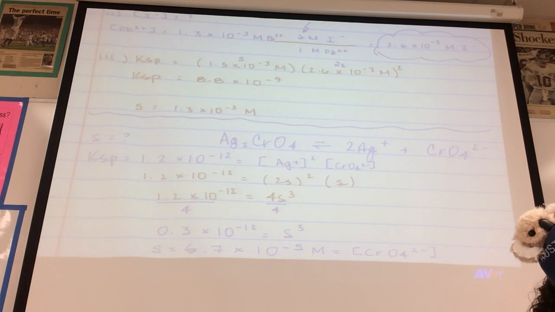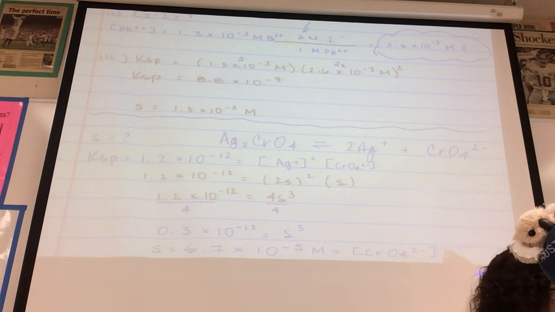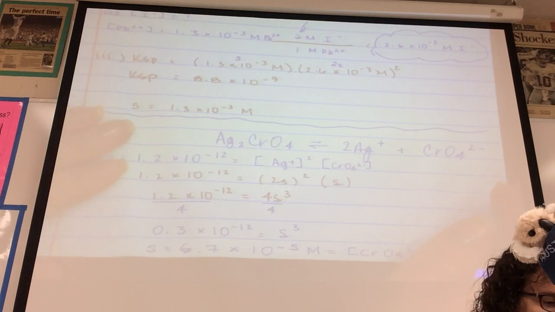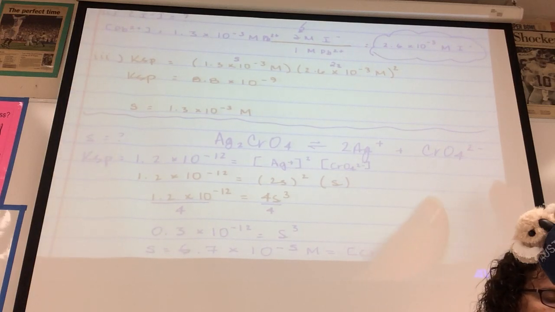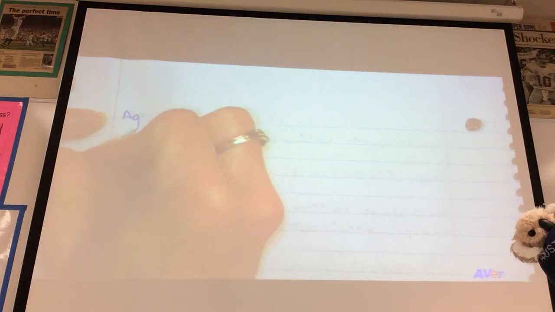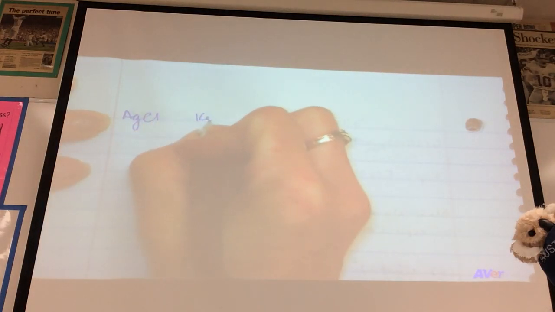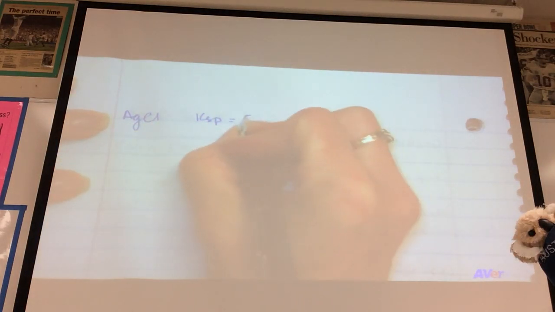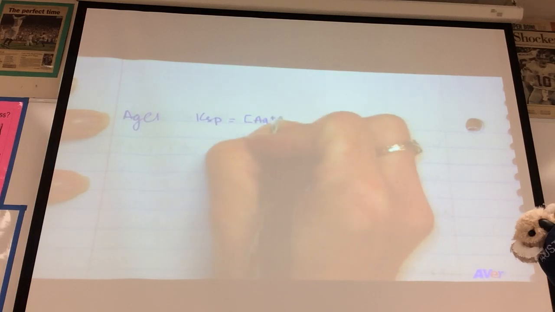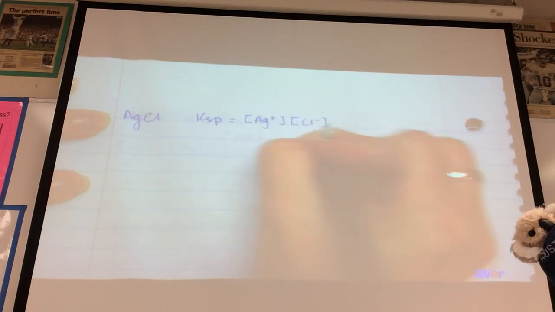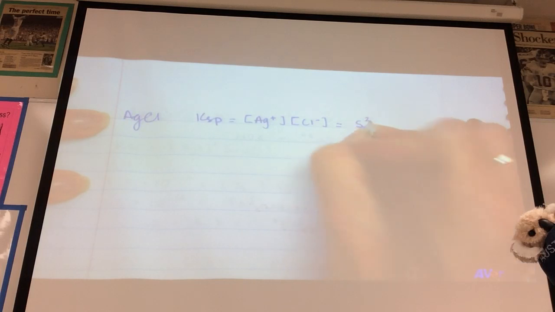Questions there? I do want to show you that there are only certain relationships that you will get. I think it will be helpful to you. For example, if you had silver chloride, KSP would be equal to silver ion times chloride ion, so that would be S squared.